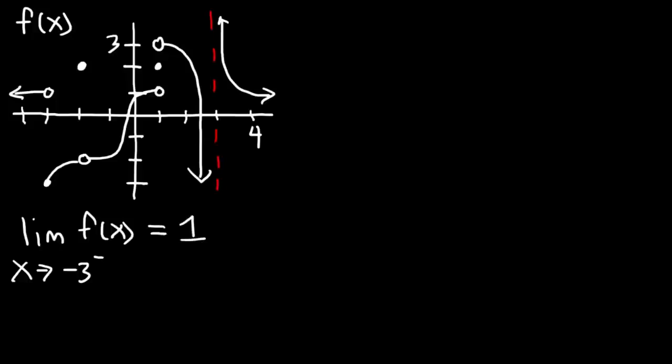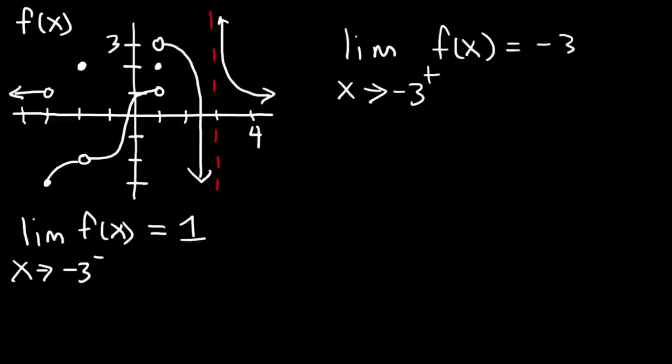Now what about from the right side? So you want to approach the vertical line at negative 3 from the right. So we got to follow this curve. So notice that the y value here is negative 3. So therefore the limit as x approaches negative 3 from the right side, that's negative 3.